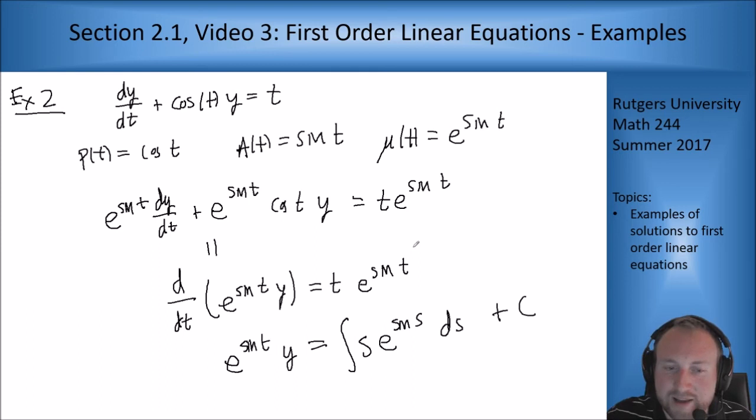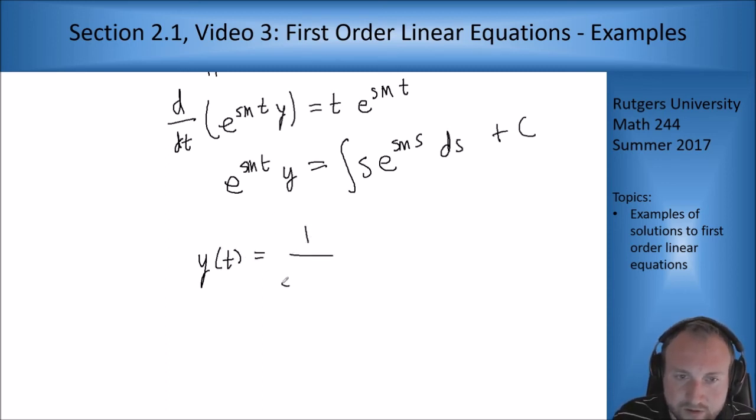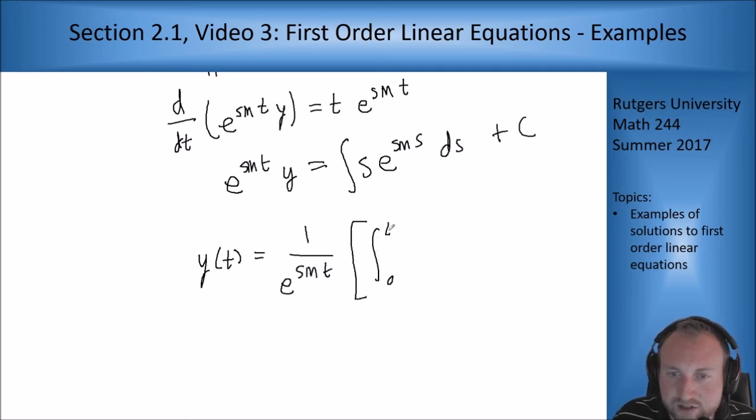So dividing through by e to the sine of t, we get that y of t equals 1 over e to the sine of t times the integral, and I'm going to put definite bounds in just to show where the t shows up, of s e to the sine of s ds plus c.